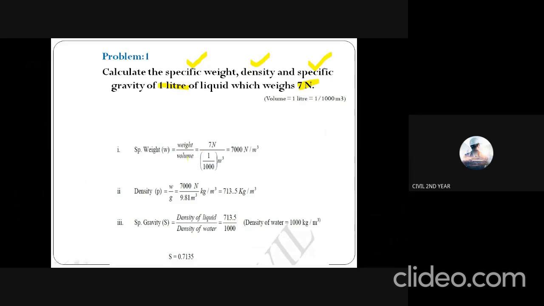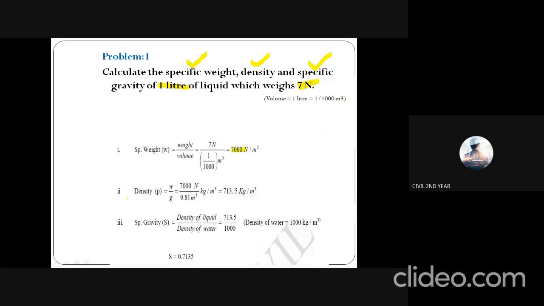The volume is given as 1 liter, so we have to convert liter into meter cube. 1000 liter is equal to 1 m cube, so 1 liter is 1 divided by 1000. Putting 1 by 1000 in the denominator, we bring it to the numerator: 7 into 1000, 7000 Newton per m cube.